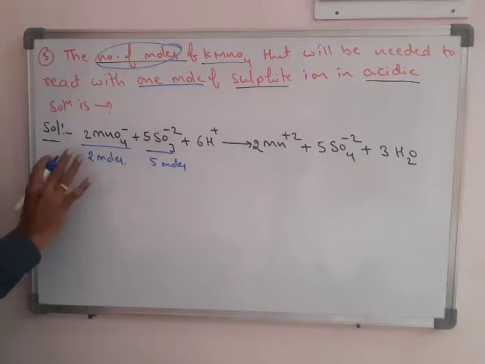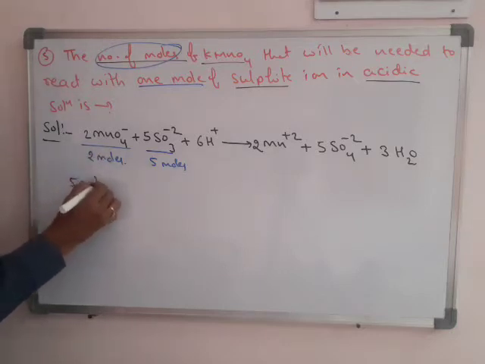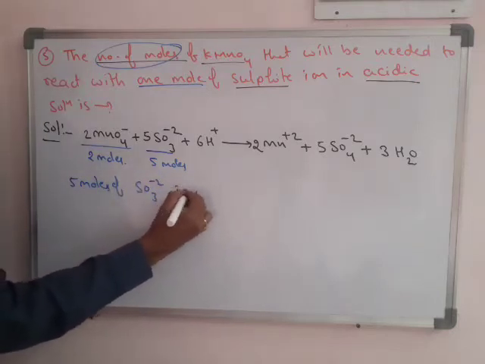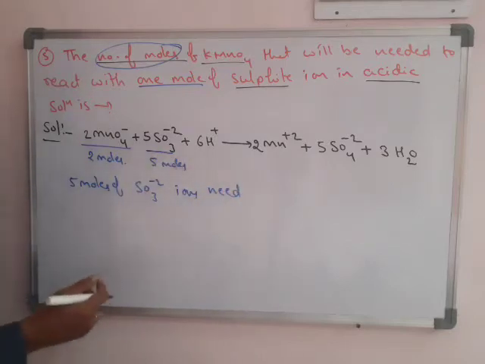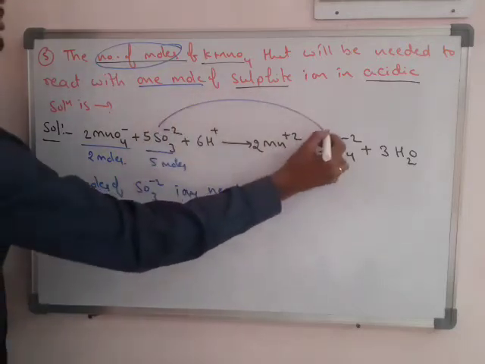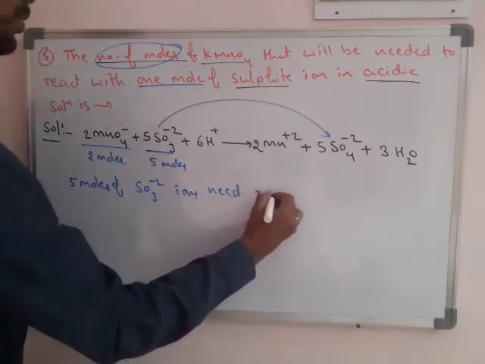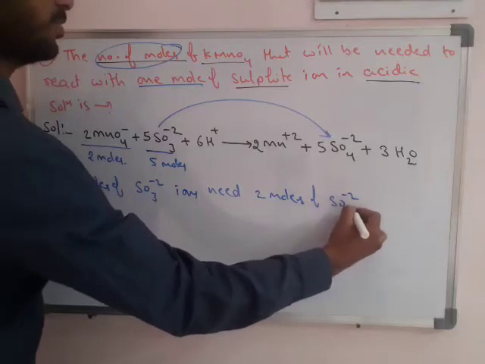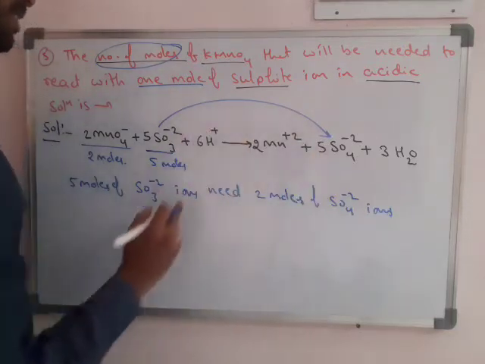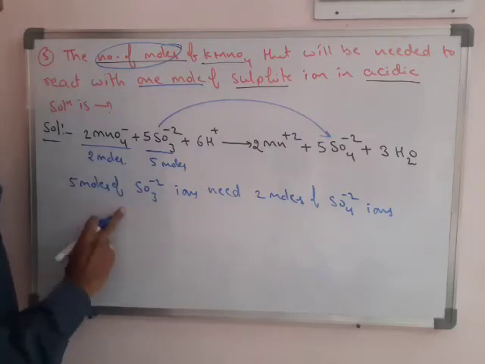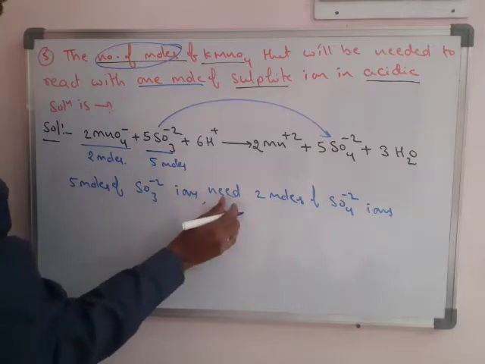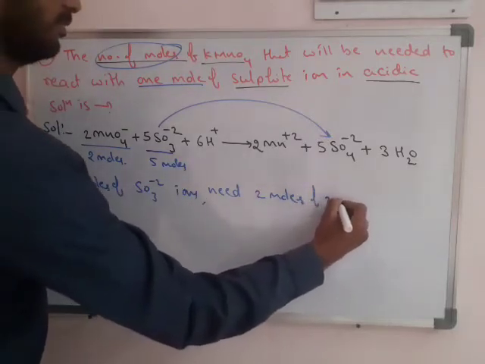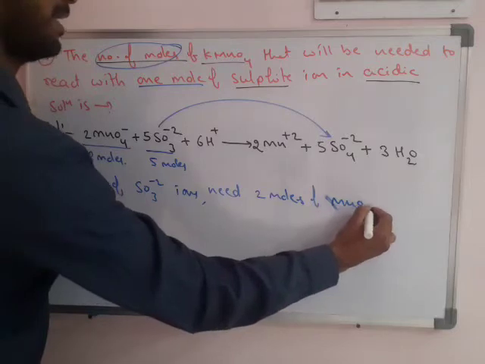So very simple. After knowing the equation it becomes very clear. With the help of the equation we write that 5 moles of sulfite ions, to be oxidized to sulfate, need 2 moles of permanganate MnO4 minus, according to the equation.